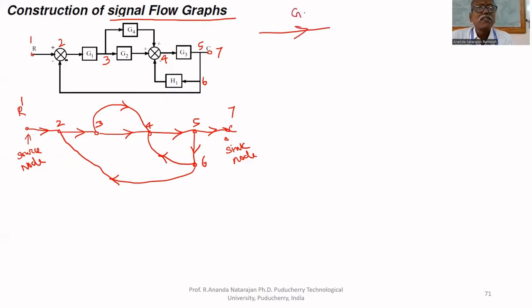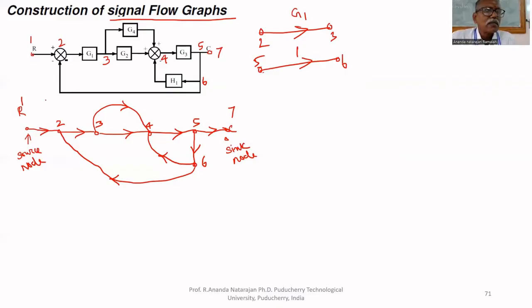For example, this may be G1 between node 2 and 3. If no transfer function is there, for example between 5 and 6, gain is unity. That's all. So these and all we have to mark.